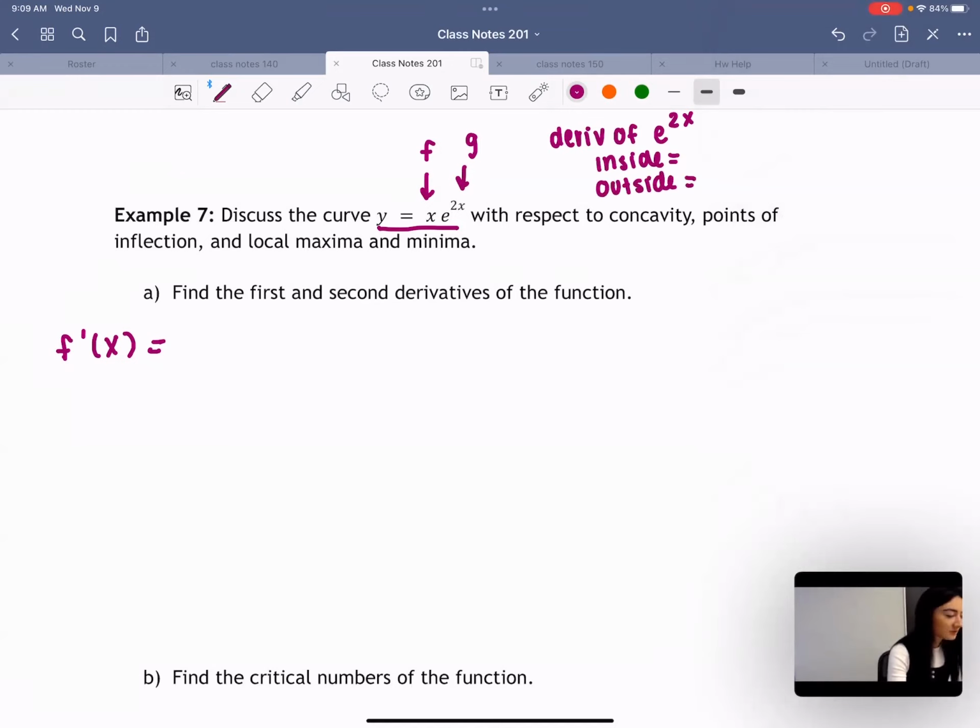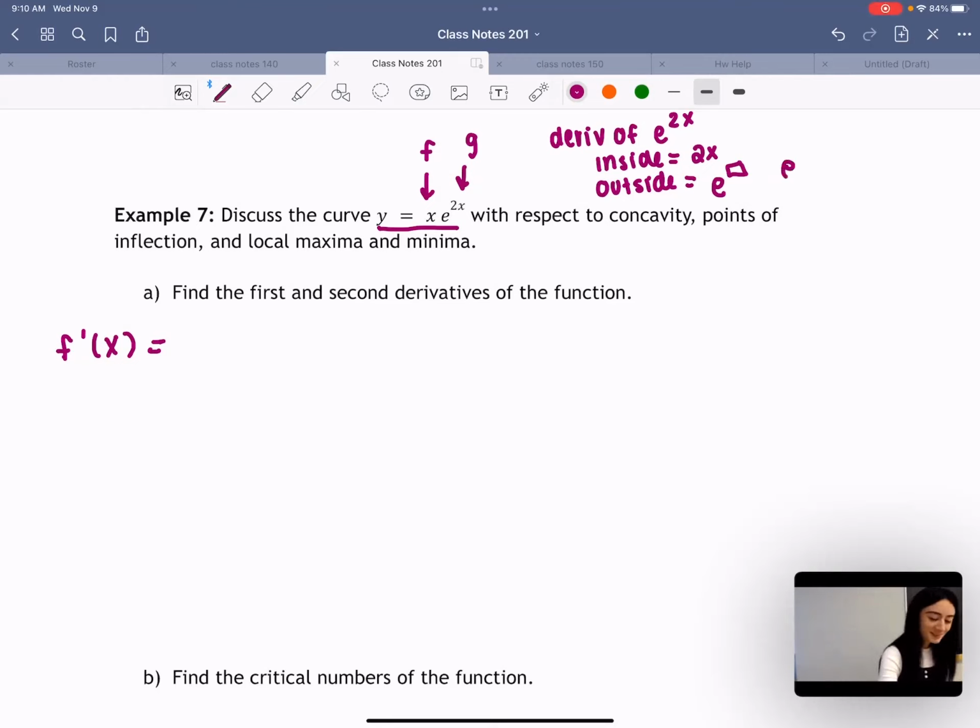What's the inside function? Inside's 2x, and as we said, the outside is e to the something. Using the chain rule, we need to do the derivative of the outside first. What's the derivative of e to the something?